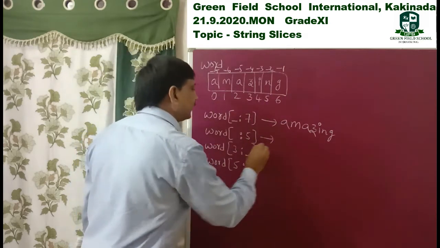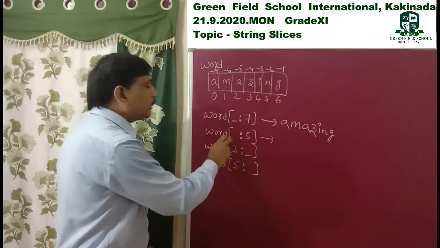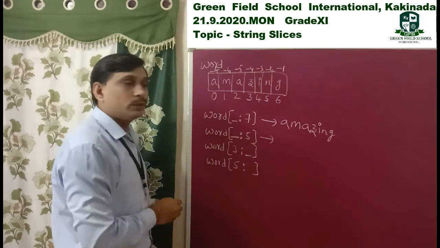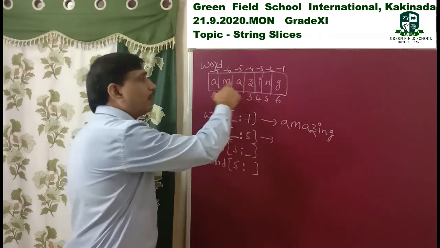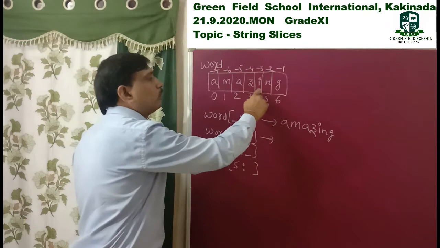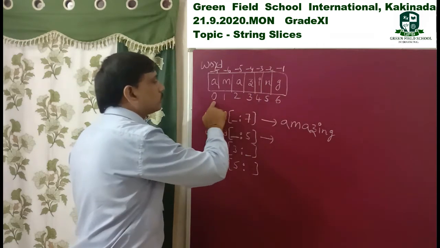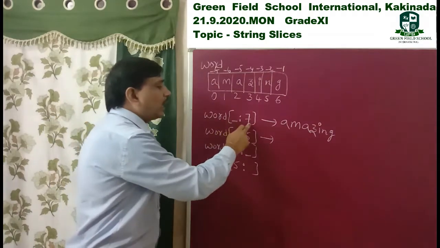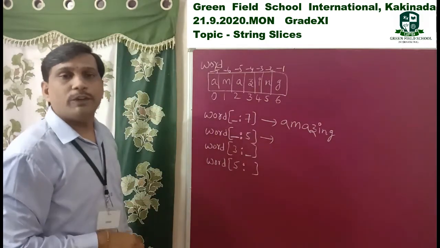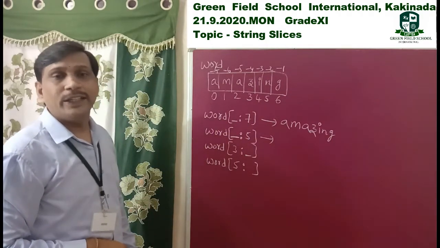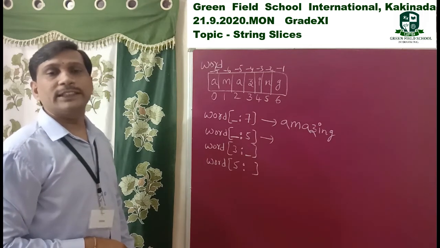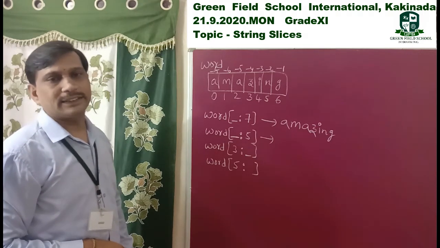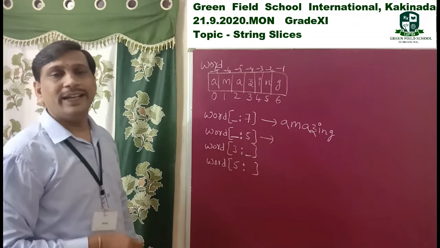Next, consider this second example. We do not specify any starting value, that's why it starts with A. Up to 5, 5 minus 1, 4. So 0 to 4. Now the range: when we specify the lower bound and upper bound, we specify the range. L and U are both specifications of the range of characters, starting and ending.